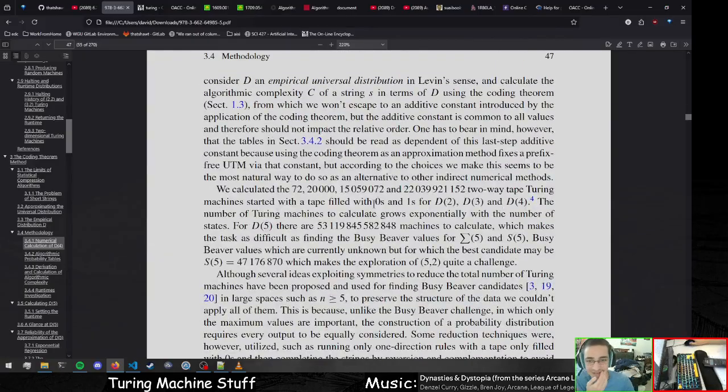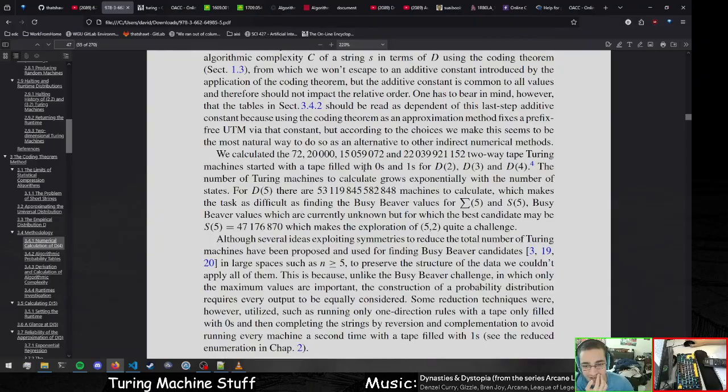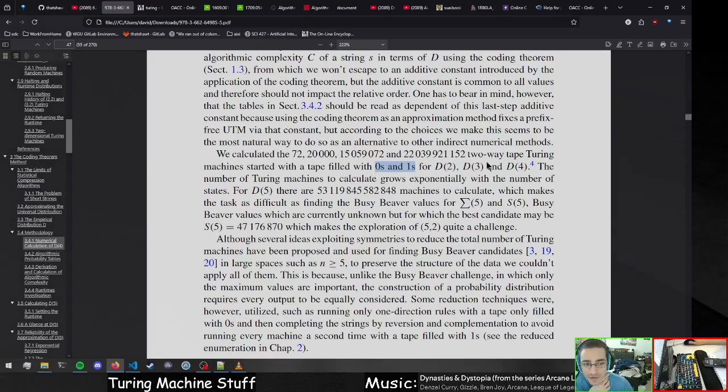So is that the only difference? Oh my god. Started with the tape filled with zeros and ones. So do they mean 0 and 1 alternating? Or a bunch of random zeros and ones? Or what did they do?